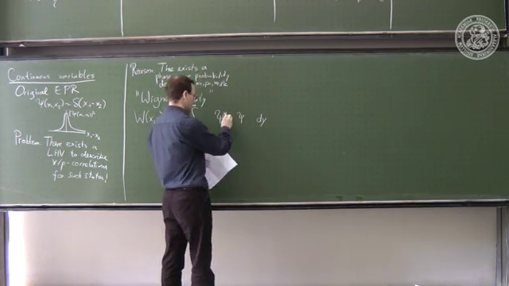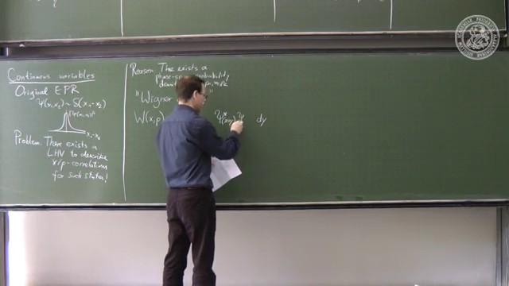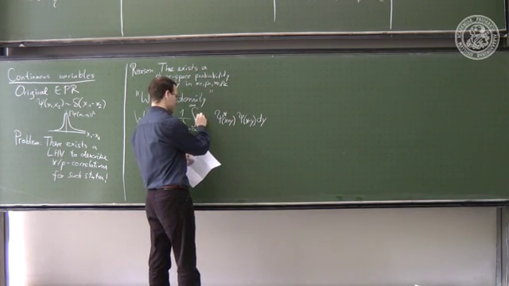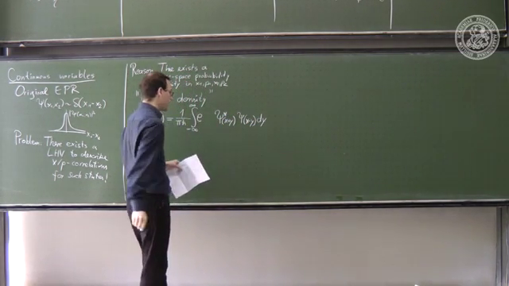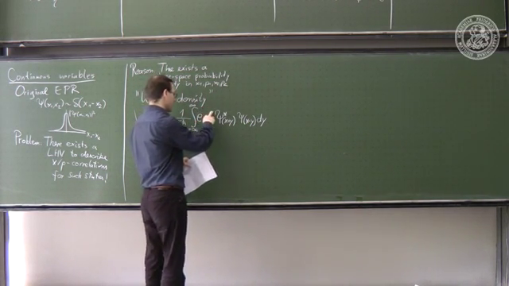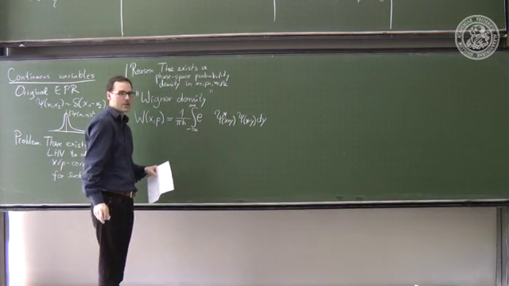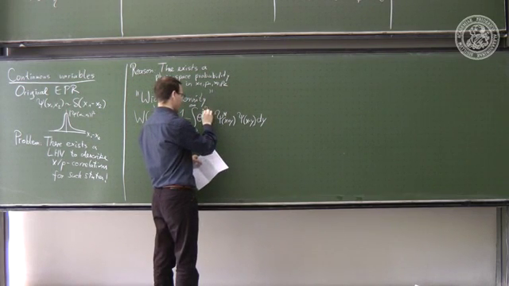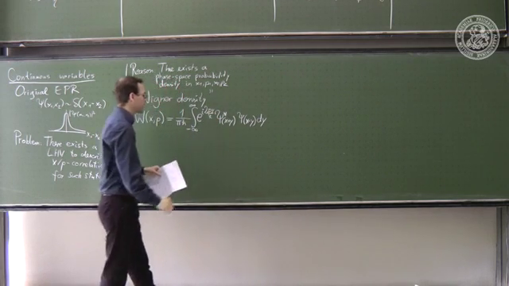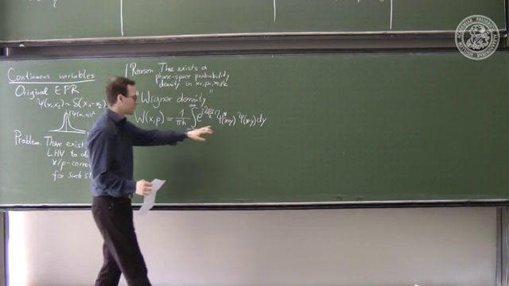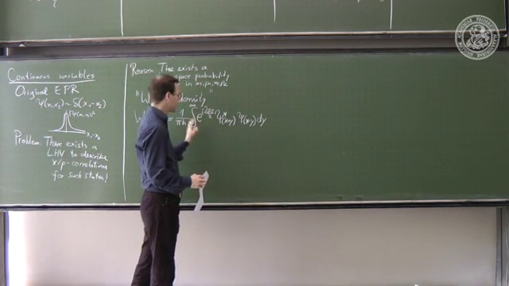More precisely, it's psi star of x plus y and psi of x minus y. And then, since this is a Fourier transform in this coordinate y, you have to multiply by e to the i something times y, and the something is just the momentum. So essentially, x is like a center of mass coordinate, y is like a relative coordinate, and you Fourier transform in the relative coordinate.